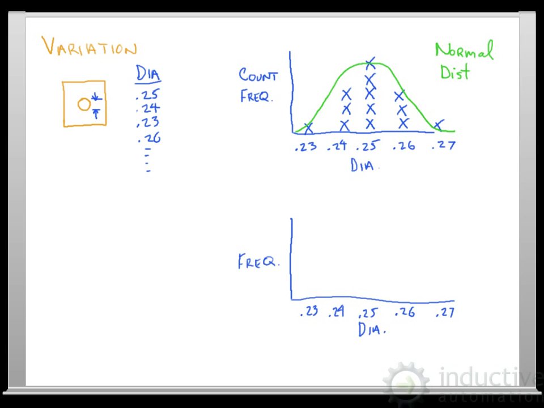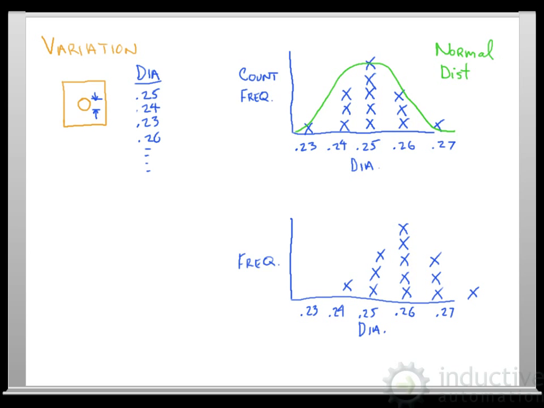And we start plotting our points. But instead of them being aligned on the 0.25 there, we're finding that it's more like this.